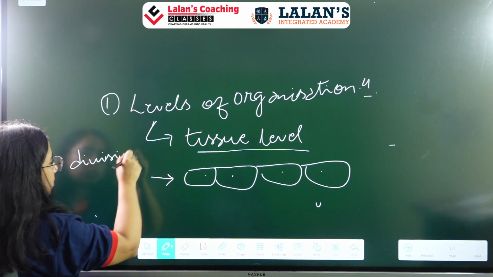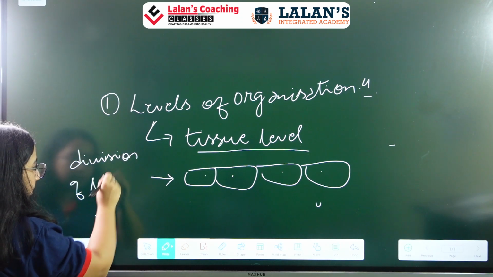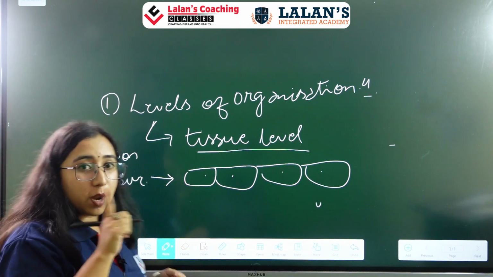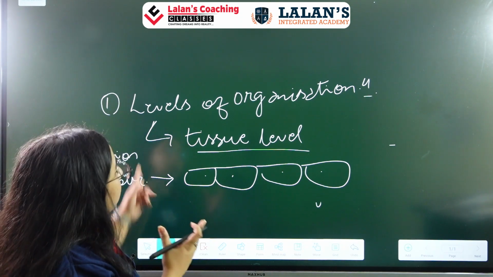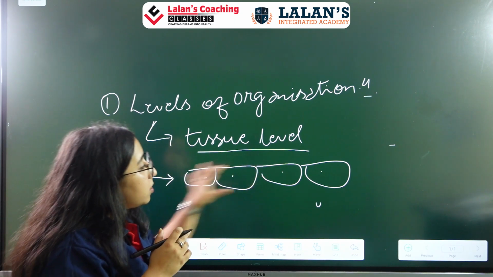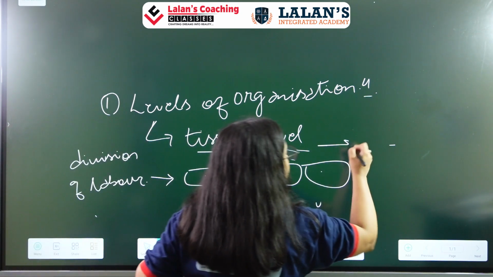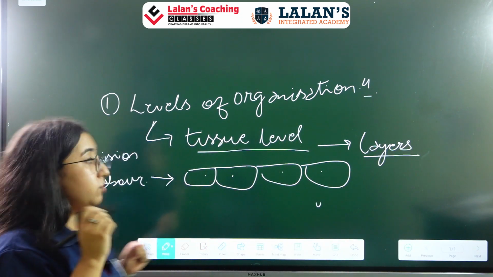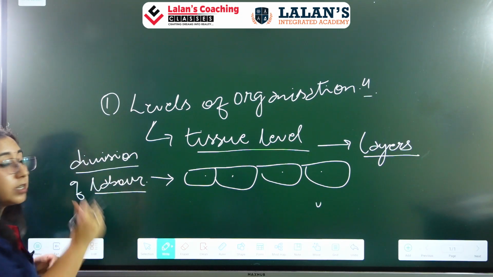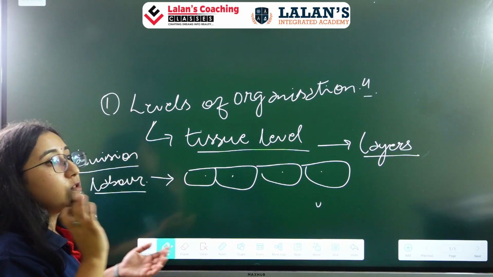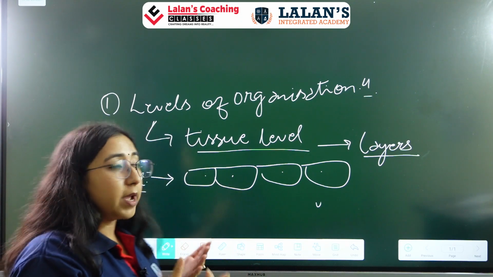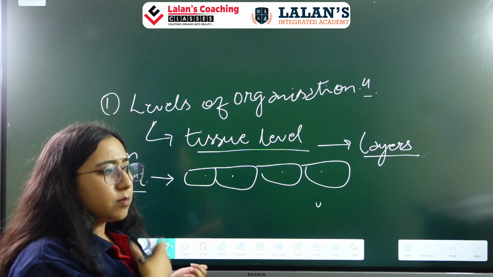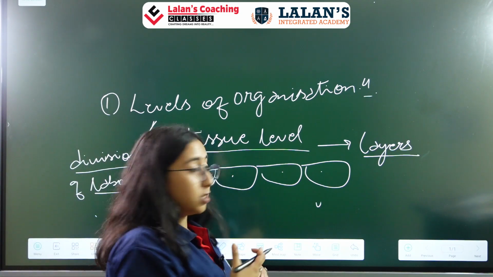Their work has been divided. In the previous organization, one particular cell was doing everything. In this level, we can see layers of tissues performing functions, due to which there is a division of labor. The work has been divided into different layers. So a particular tissue might perform digestion, some other tissue might perform excretion, some other tissue might perform respiration.